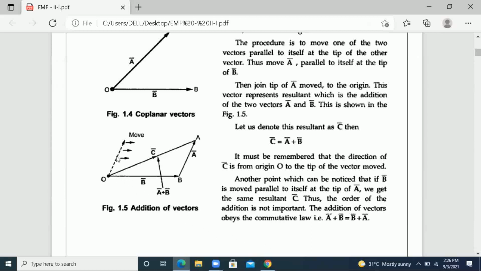A plus B: you complete the parallelogram, and A plus B will be equal to C, as seen here. So, just like A and B, the direction of C is from O.